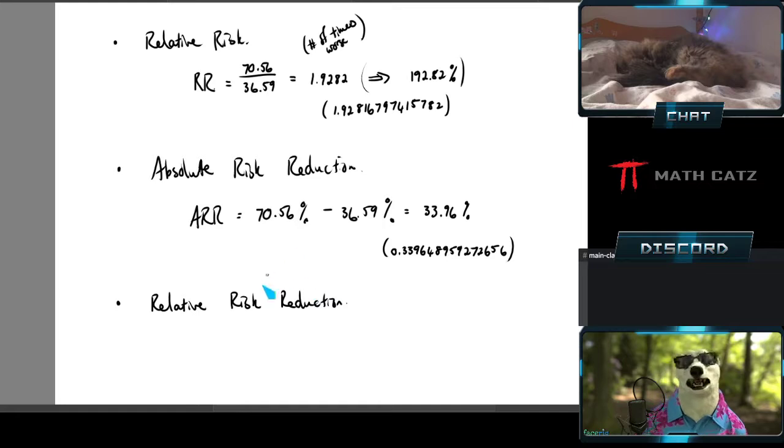Then I have my relative risk reduction, and I'm just taking that absolute risk reduction, oops, 33, that's an ugly 3, 6% relative to the smaller, the baseline.